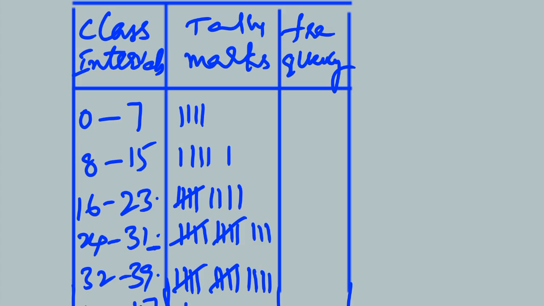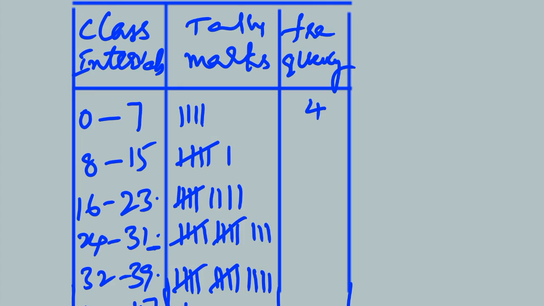Generally, these tally marks represent how many students got marks in each class interval. You see, 0 to 7, how many students got these marks? Total 4. Just count the tally marks and write it here, 4. And second, generally we write 4 and the fifth one we have to cross, because of that it is very easy to count.